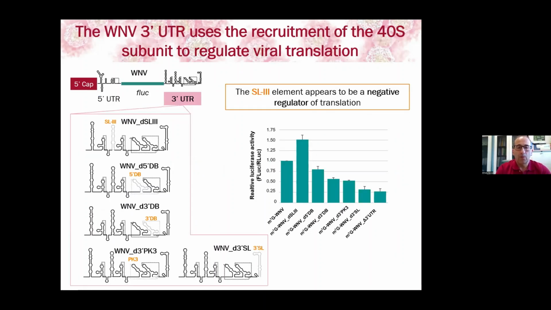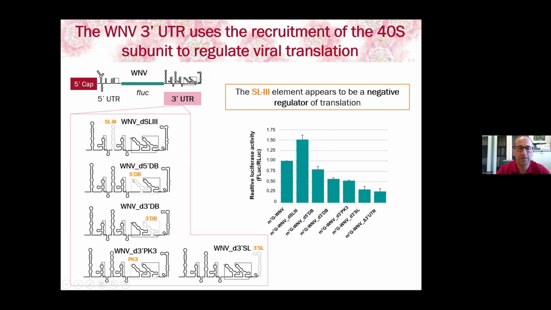So now we wanted to see whether these interactions that occur in vitro, in the absence of any other factor, just with the RNA, could be functional. Using a construct similar to the ones I described before, the luciferase messenger flanked by the 5' UTR and 3' UTR of the West Nile virus, we tested the translation, and we made different deletions.